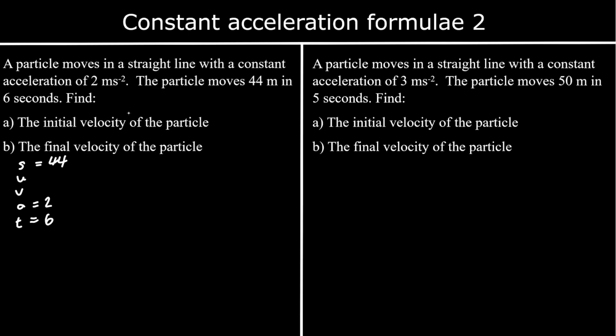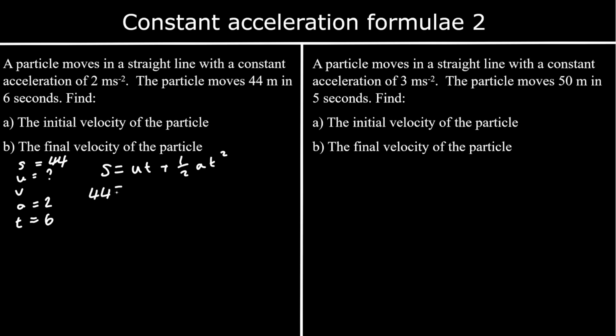So to find the initial velocity, we want a formula without v in it. And the one without v in it is s equals ut plus half at squared. So we just substitute into this and find u.